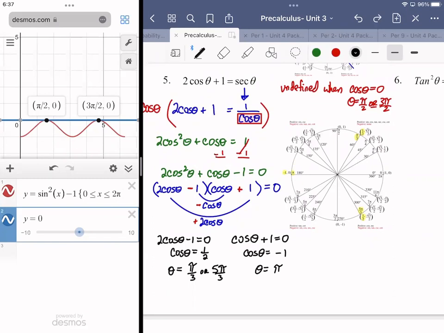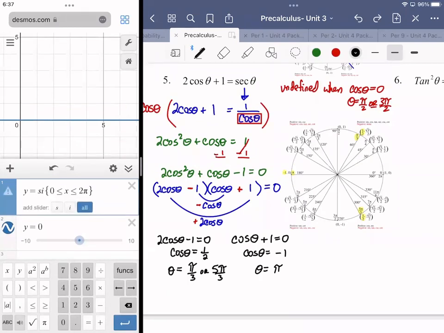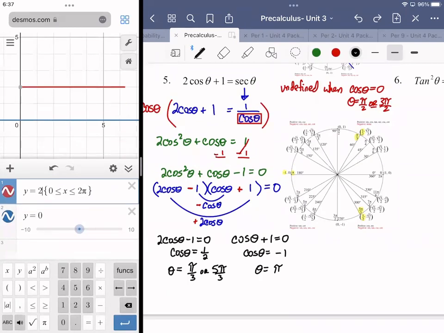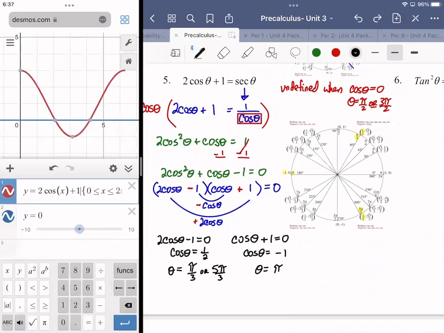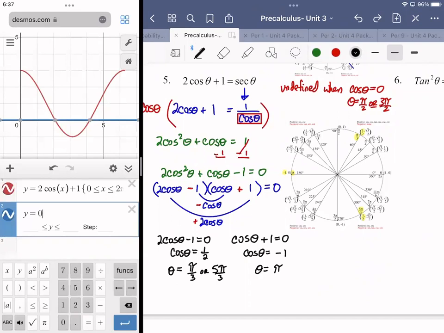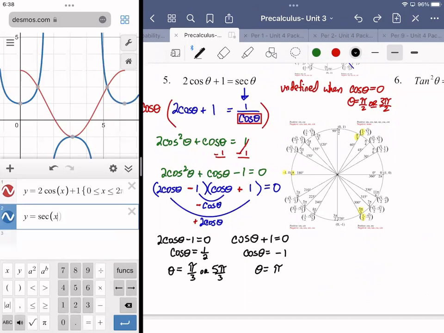Right. But again, just popping it into Desmos will give you the answer too. So 2 cosine theta plus 1, so 2 cosine x plus 1. And then y equals secant x over the appropriate domain of 0 to 2 pi.